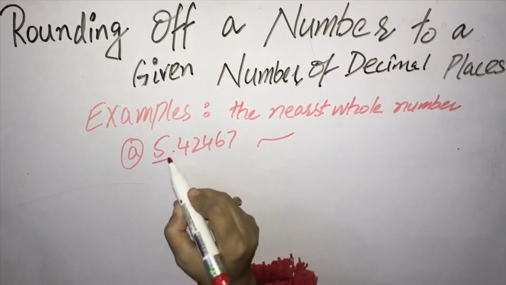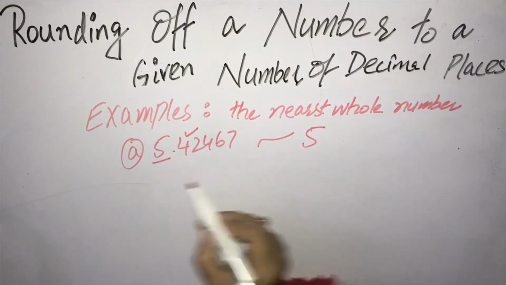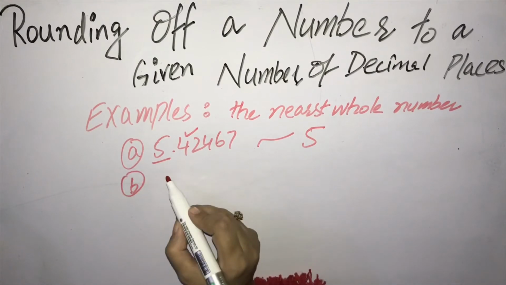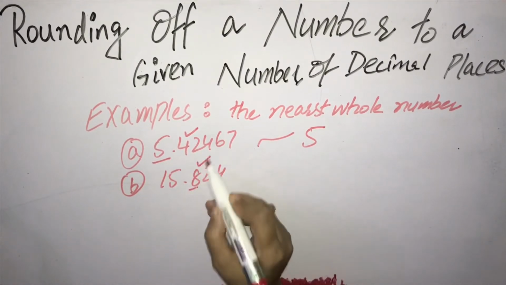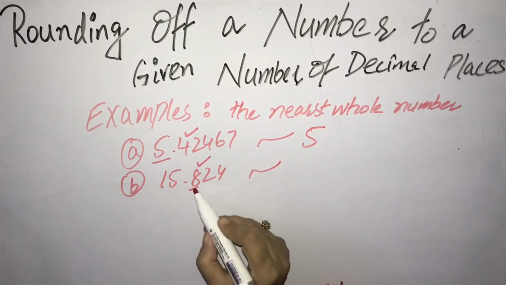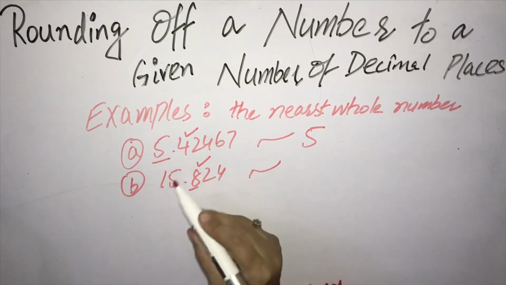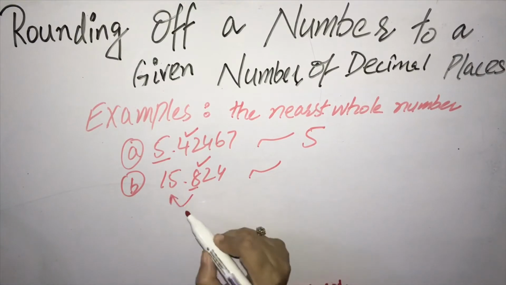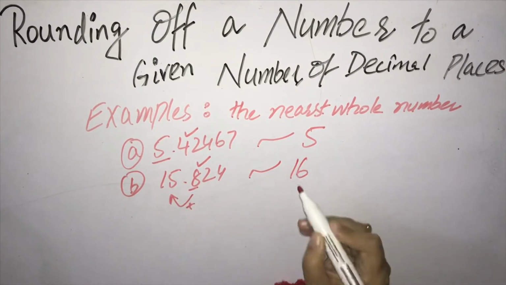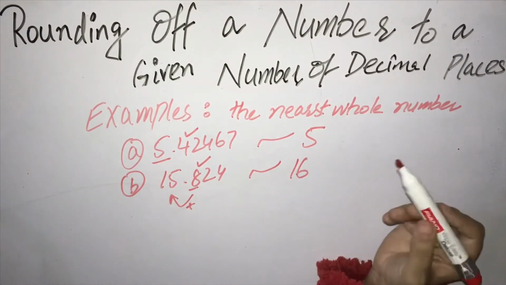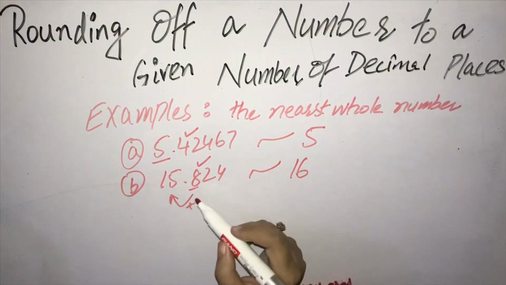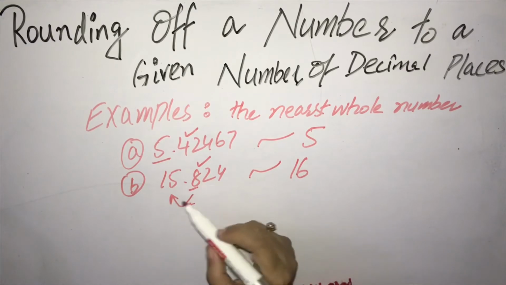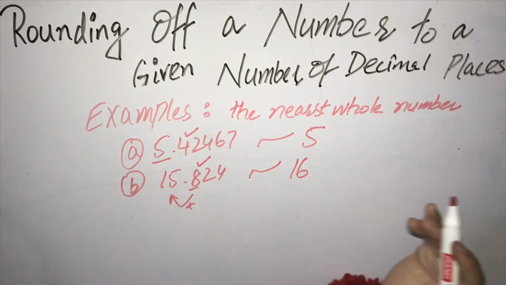Your answer will be only 5. 15.824, your answer will be 8 is greater than 5, so it will give 1 to 5 and your answer will be 16. So the nearest whole number is 16 when your given number is 15.824. 15.8 is closest to 16.